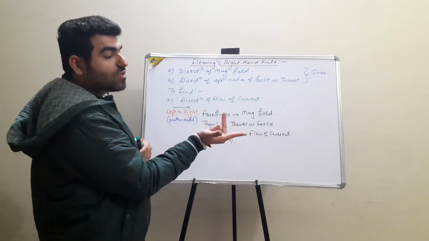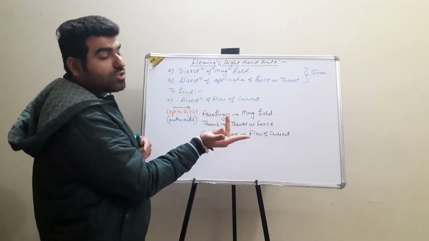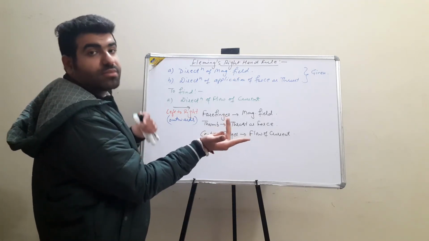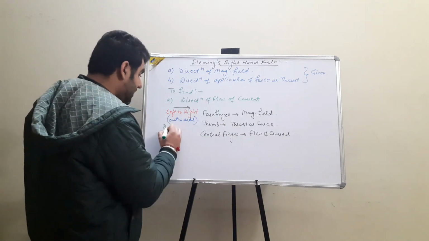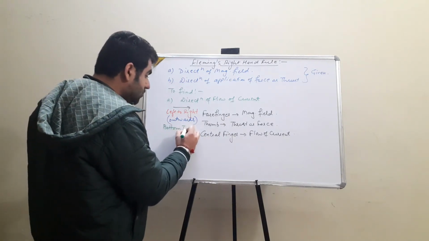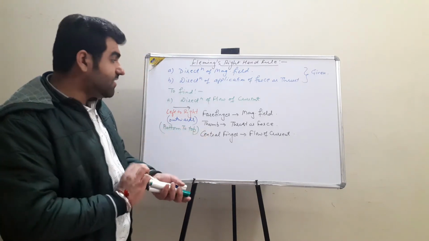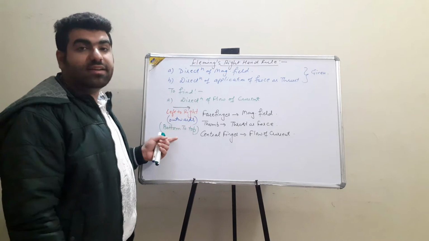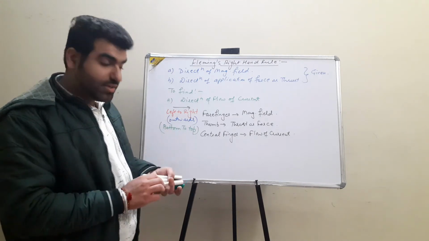Now the finger is opening from bottom to top, that is in the upward direction. So the flow of current is from bottom to top. So it means if the magnetic field is left to right and the thumb is pointing outwards, then the direction of flow of current is bottom to top.